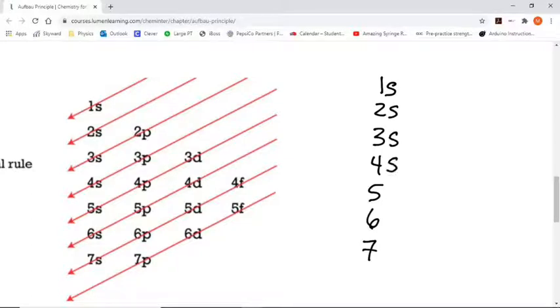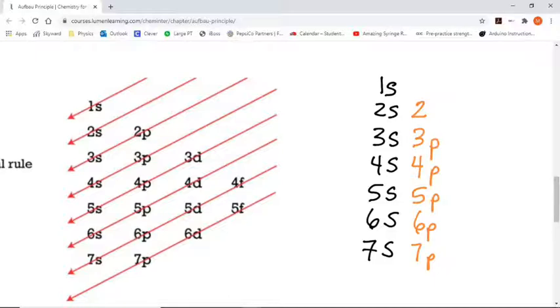The S block is first as far as order of filling. And then we're going to drop down to the P block, which doesn't start until period 2. So again, labeling all of these numbers again. Put a P on the back of each of them.